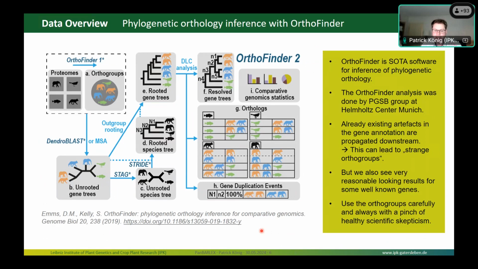But at the end, it's important that all users who use PanBARLEX use the data carefully and always with a pinch of healthy scientific skepticism, and don't take the data at face value.